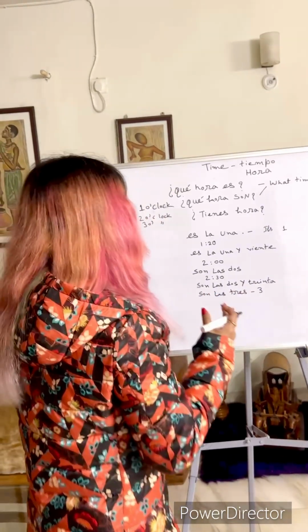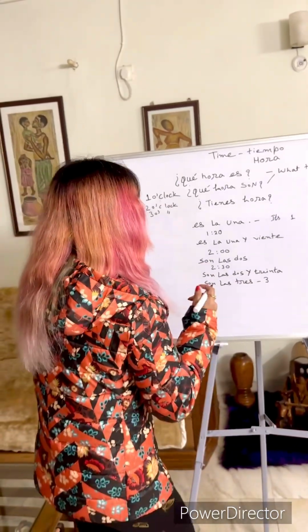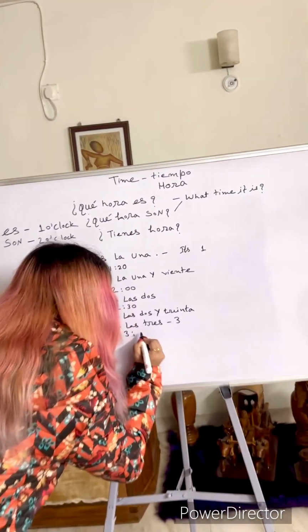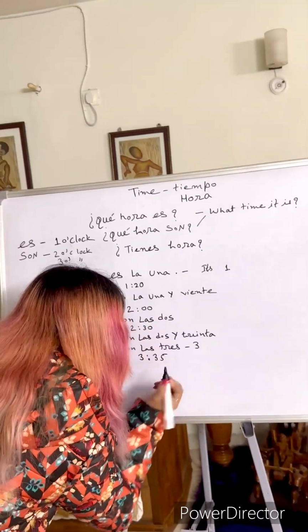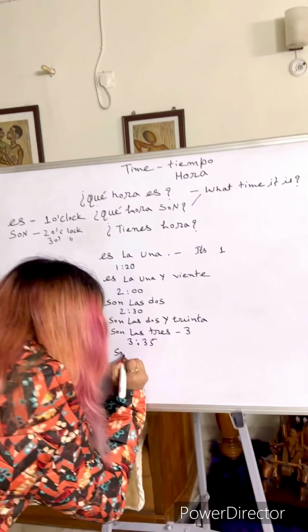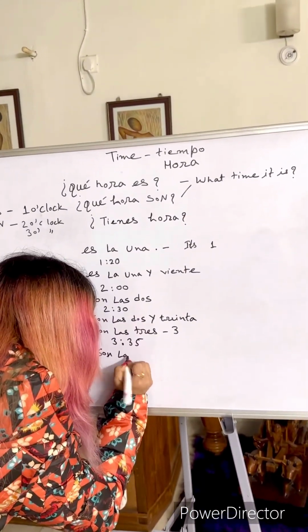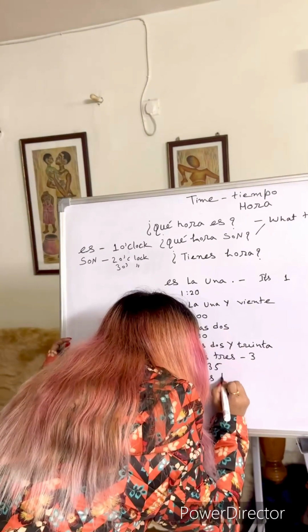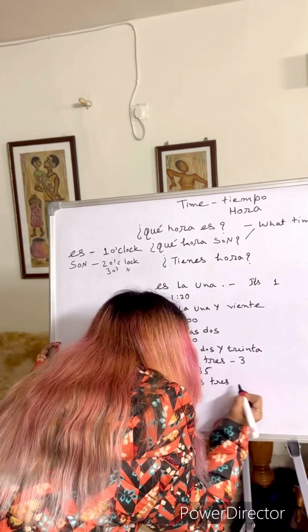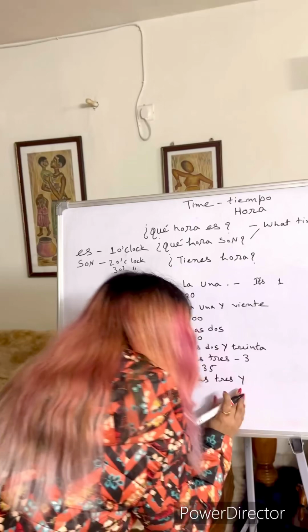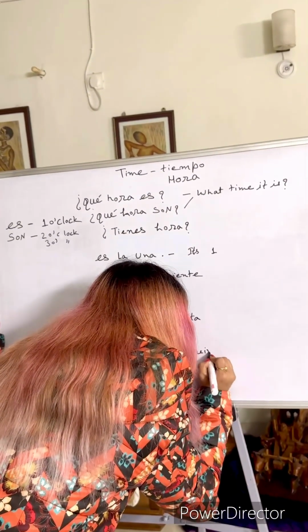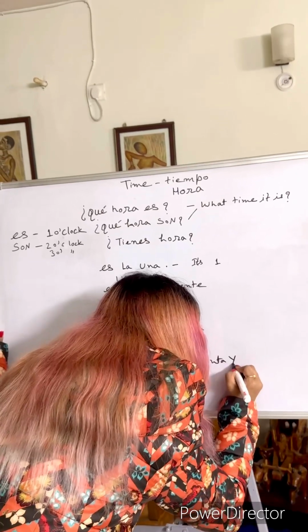And suppose it is 3:35. Then you are supposed to say son las tres y treinta y cinco.